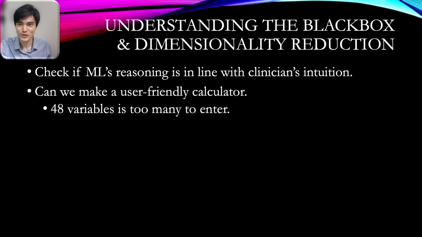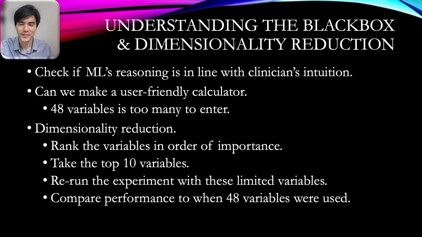However, when we use 48 variables, that's a little too much for the clinicians to consider and to order for every patient. So there we considered dimensionality reduction. How do we do this? Well, first, you rank all 48 variables in order of importance.